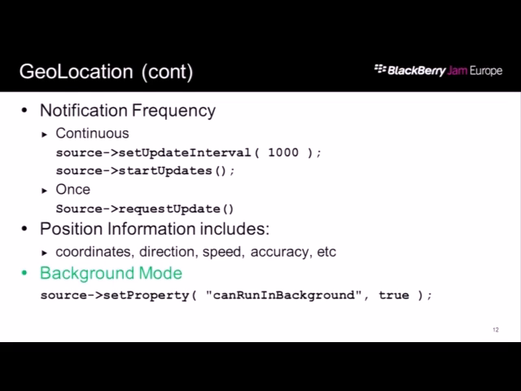You can continue to receive updates while the application is in background mode. And background mode here means not a headless scenario, but while your application is in tiled or paused mode. You can still receive updates and therefore send information if you change position.